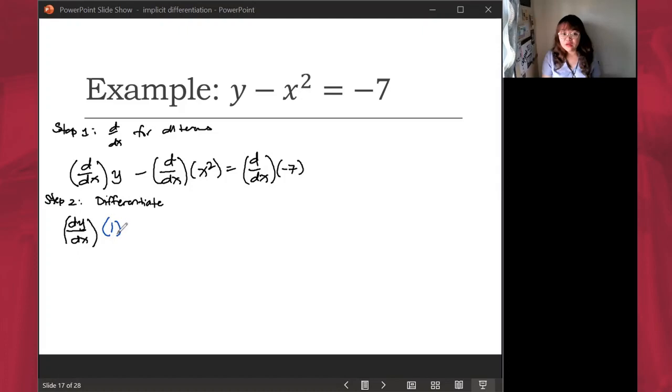Look at it in comparison to the next term. What will be the derivative of x squared? By power rule, you'll get 2x. And then, since the variable that you solved is x, your numerator now would be dx over dx.